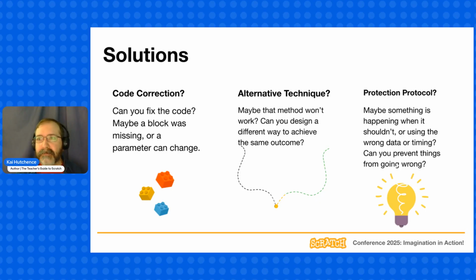Well, maybe you can take the answer and double check that it's a number before you allow the program to move on. And if it isn't a number, maybe you tell them, no, I need a better answer than that. You can ask again and tell them, hey, just a number, please. So there's ways that you can avoid a problem from happening in the first place. So those are different ways that we can try and solve problems that do come up.